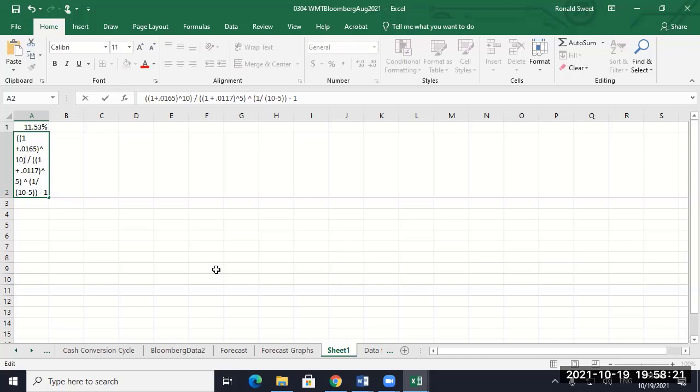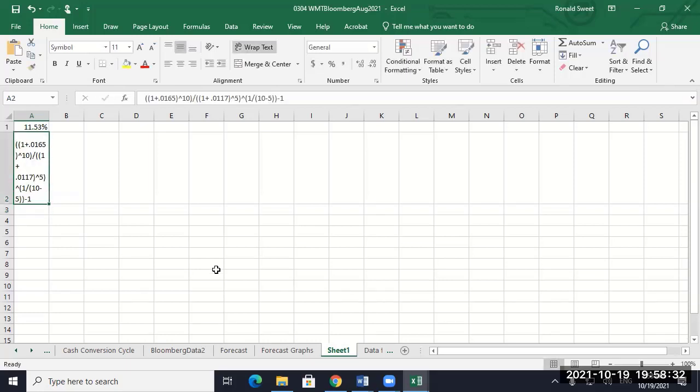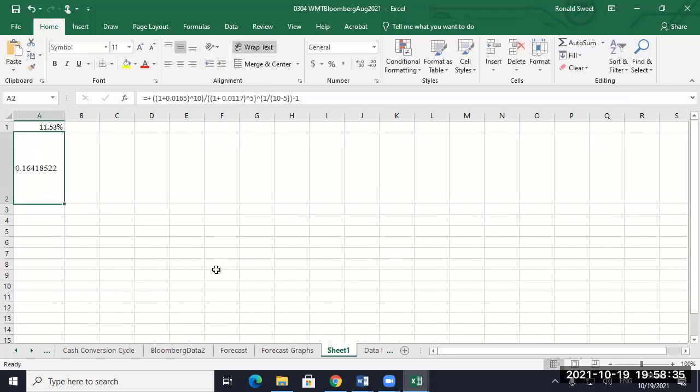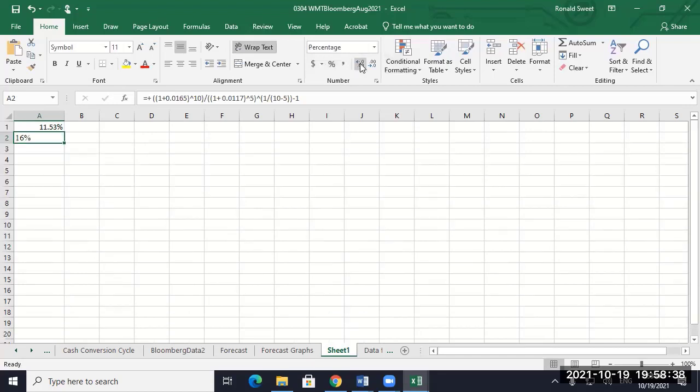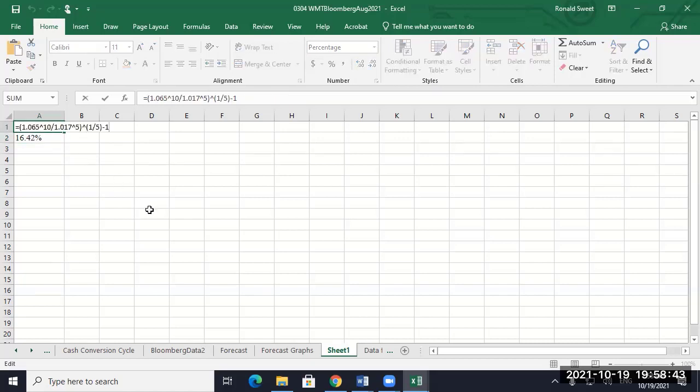You should never do Excel when people are looking at you. Oh, it's 1.65. There we go. I can't type numbers, but anyway, 2.13.